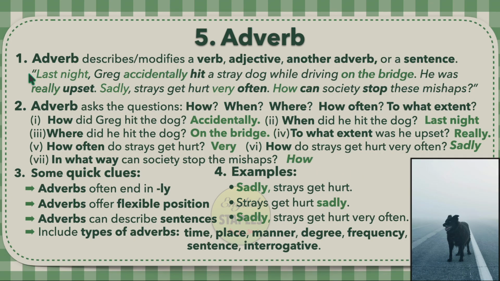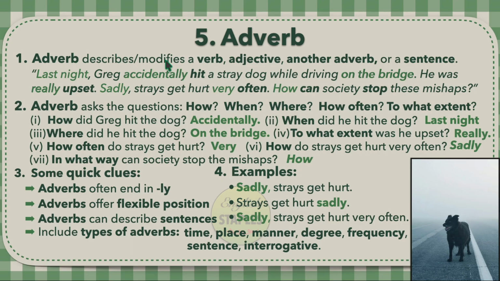Let's look at our little story here. Look how the job of the adverb applies to it. An adverb describes or modifies a verb, and we see that happening here with accidentally hit. The verb is hit, and accidentally is describing hit.